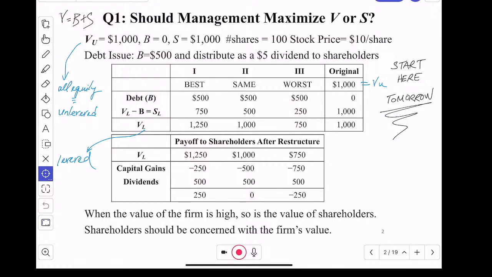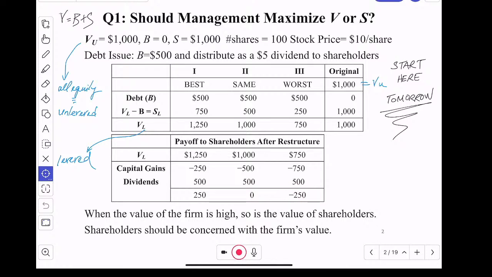Then what happens is we have to consider the capital loss of 750 as the value of stock went from 1,000 to 250. The dividends received are not enough, so there's a negative payout or a loss.